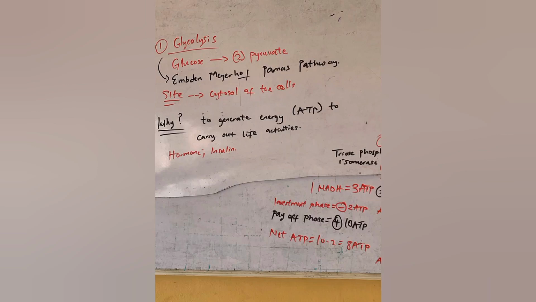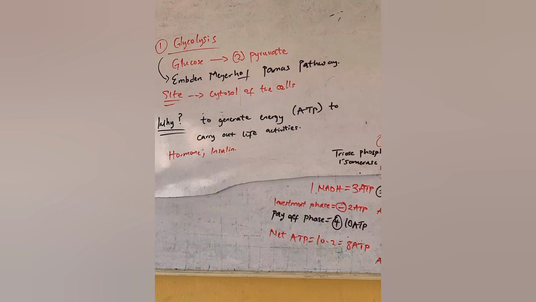These other names are the names of the scientists who discovered glycolysis. And the site for glycolysis is the cytosol of the cell. It can take place in the presence of oxygen and in the absence of oxygen, that is aerobically and anaerobically.